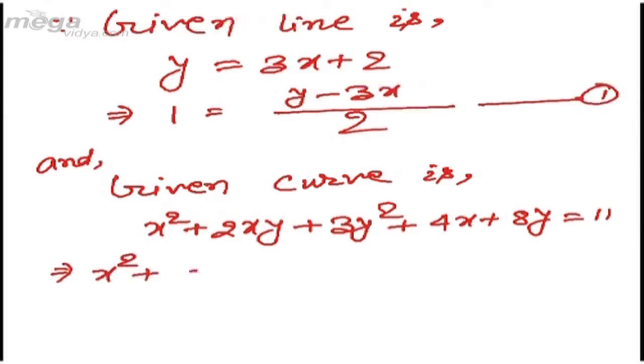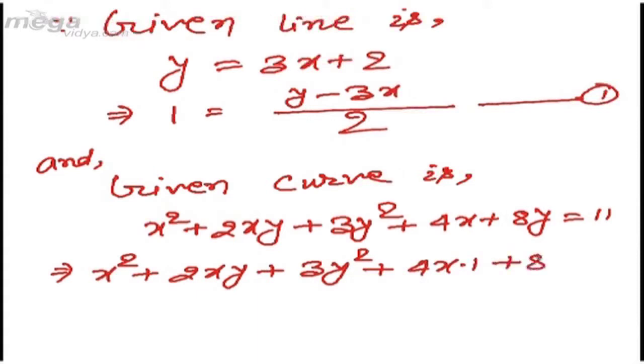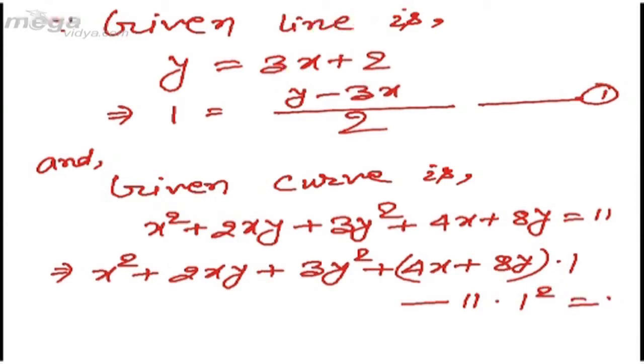So we can write it x square plus 2xy plus 3y square plus 4x plus 8y into 1 minus 11 into 1 square is equal to 0. And then we'll substitute the value of 1 from the first equation.